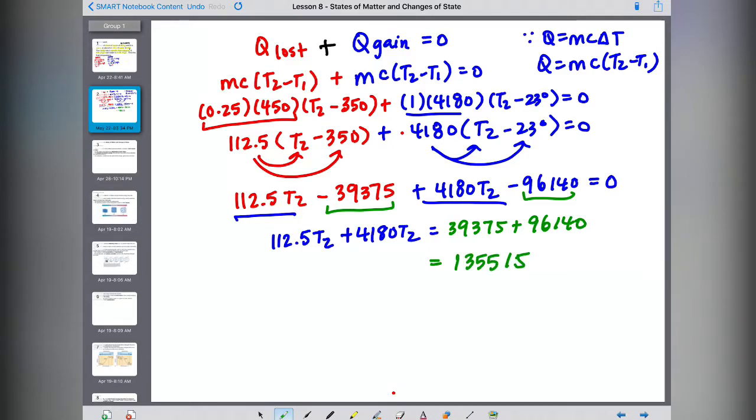So I added the number part, and then now I'm going to add the T2. So 4292.5 T2, divide both sides by that. So the temperature I got was, say, 32 degrees Celsius. Sig digs is 2. So I found the final temperature to be 32.